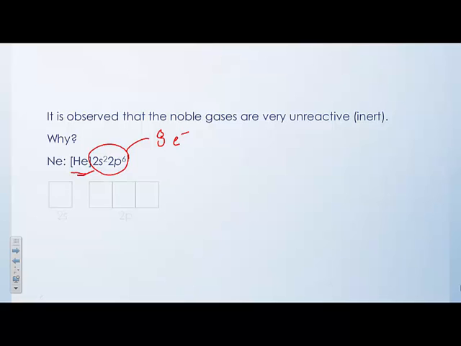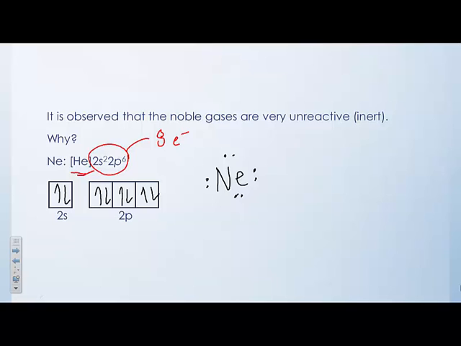If we look at the electron box diagram, we'll see that there are 2 electrons in the s orbital, spin up and spin down, and then we fill the p, and we'll see that neon has a full complement of s electrons and a full complement of p electrons. We can represent this also if we put dots around neon, representing the valence electrons as dots, and this works fine too. Any way you slice it, neon is unreactive because it already has a full complement of electrons.